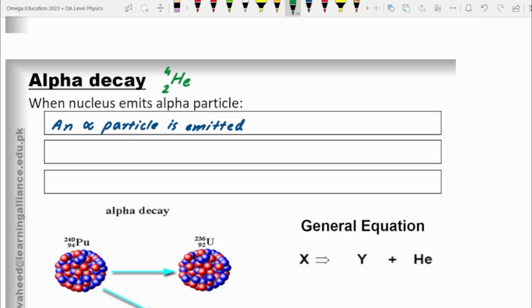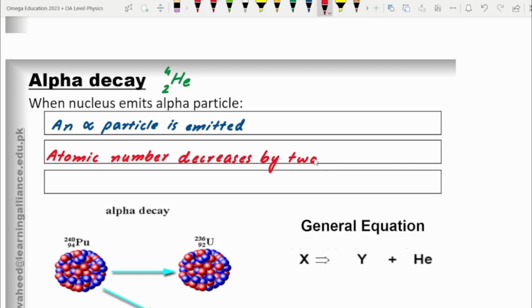In the process of alpha decay, because the alpha particle has been emitted, the atomic number decreases by 2. Whatever the atomic number of the parent nuclei was, after the alpha decay there would be a reduction in the atomic number of that nuclei by 2 units.